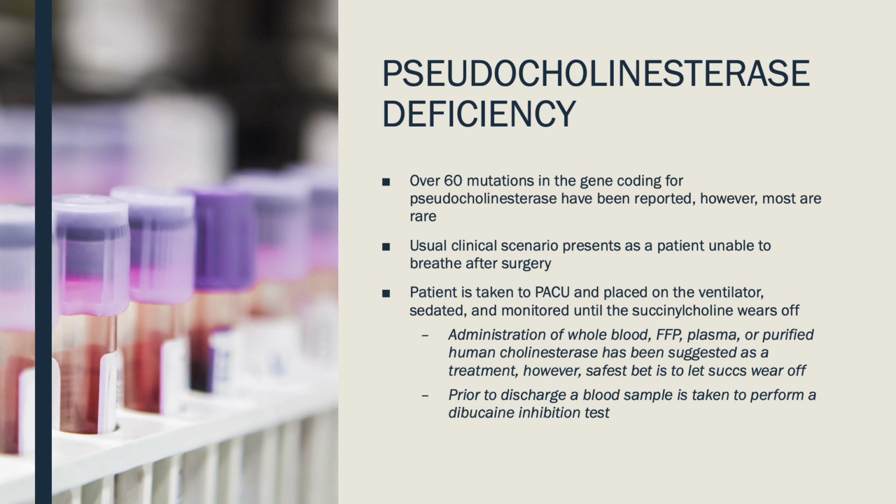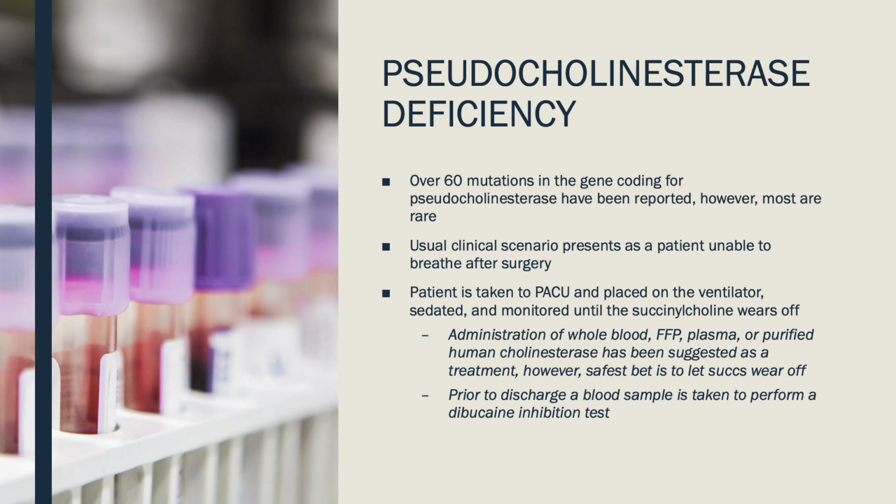So pseudocholinesterase deficiency is that genetic disorder characterized by prolonged neuromuscular blockade following the administration of succinylcholine. There are over 60 mutations affecting the gene coding for pseudocholinesterase, and most are very rare. In a clinical scenario, the deficiency will become apparent when a patient is unable to breathe after surgery. They have a prolonged paralysis post-succinylcholine. And one reason why I avoid sux, there's not a true reversal for it.